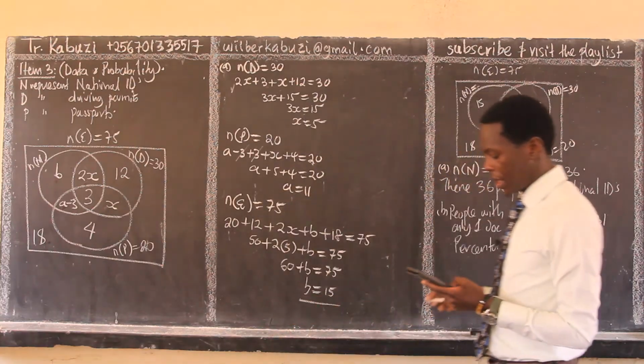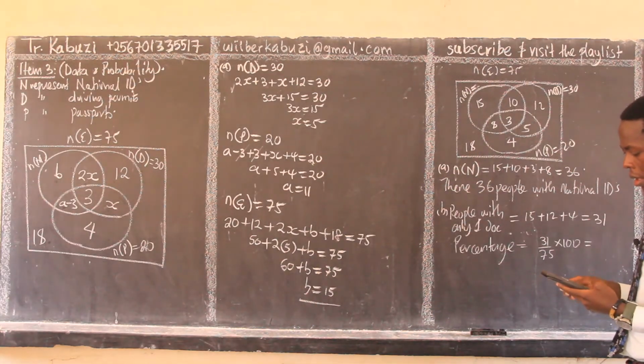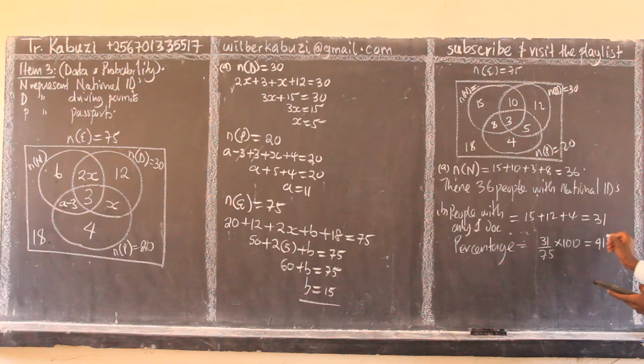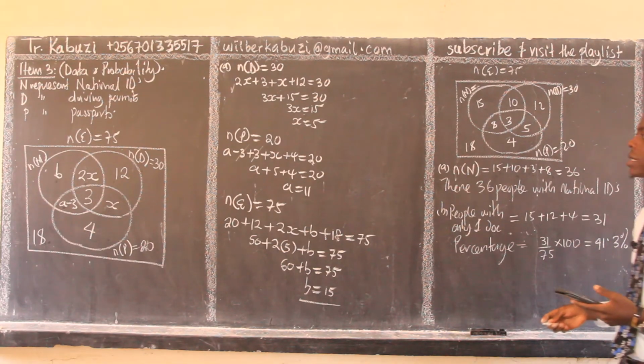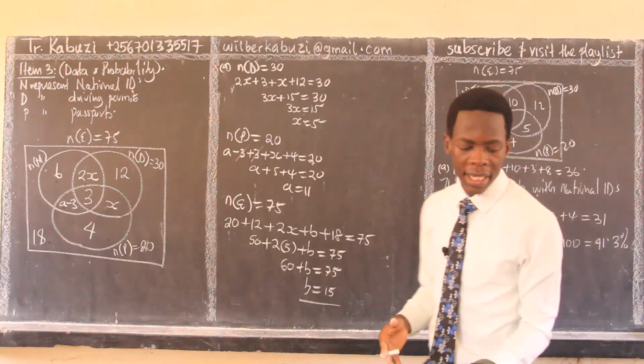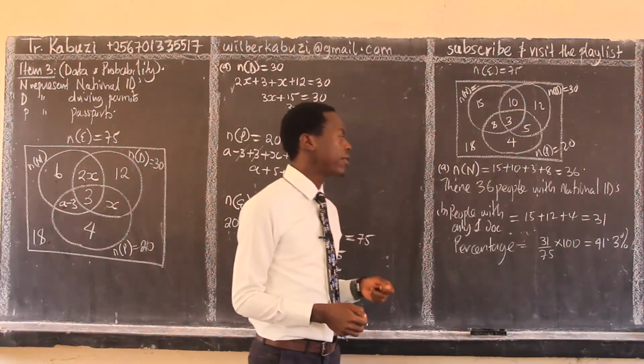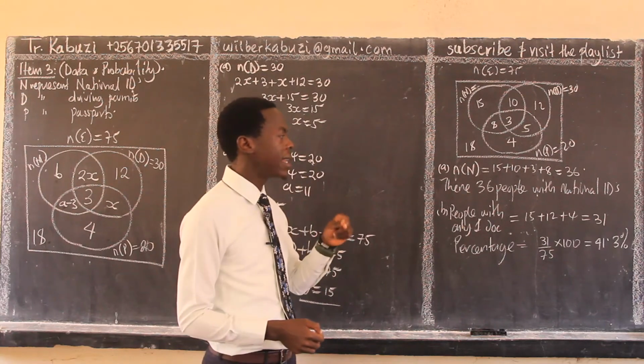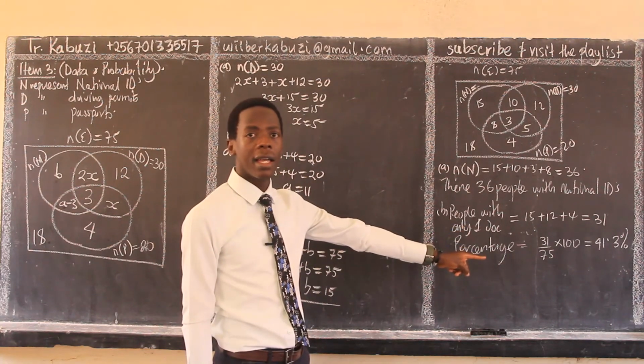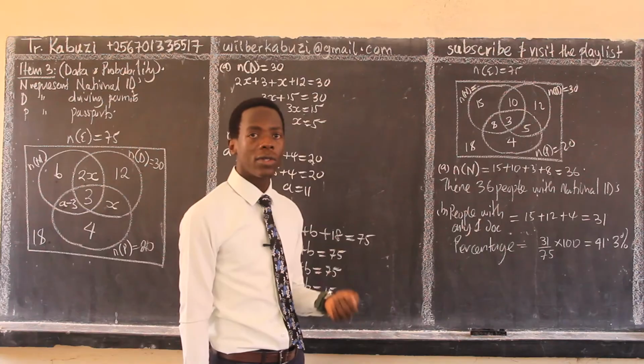We are getting 41. I'm going to give it one decimal place, 41.3%. But they told us that to construct new offices, the percentage of people having only one document should be less than 50, and it's our case there. So there is a need to construct a new office.